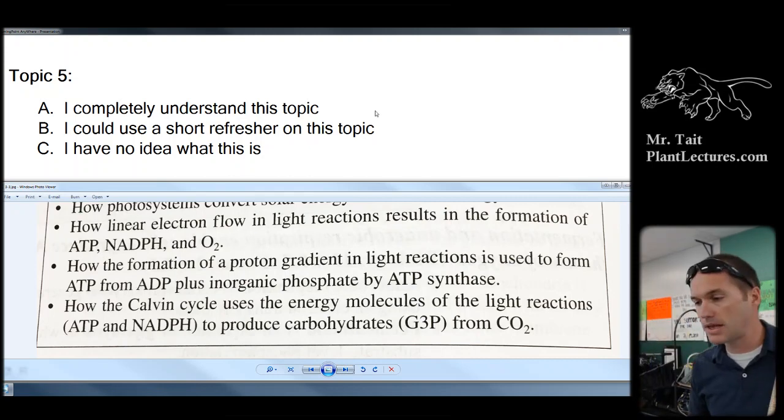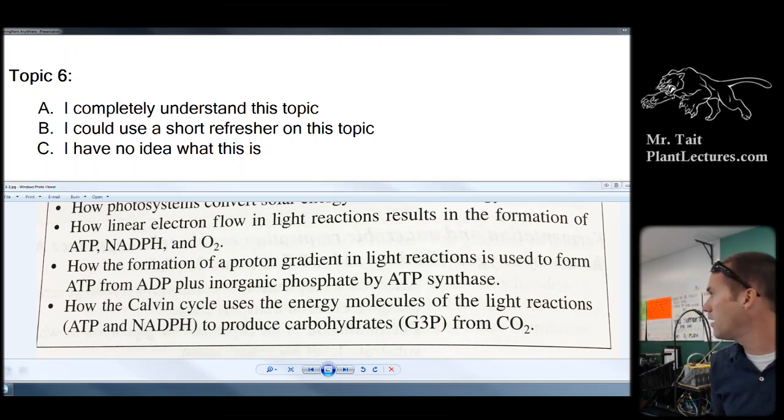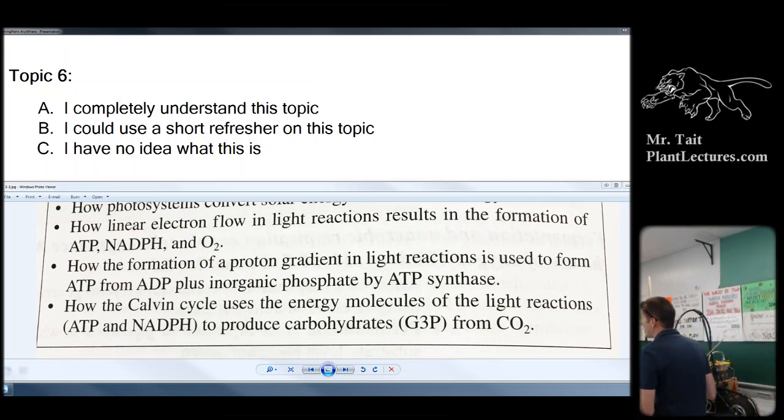Last one says how the Calvin cycle uses the energy molecules from the light reactions, ATP and NADPH, to produce carbohydrates, which are G3P. So basically, everybody needs a refresher on this one.